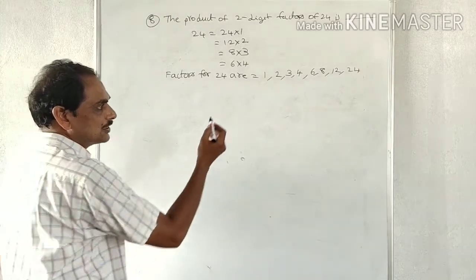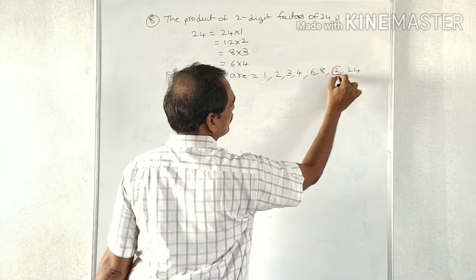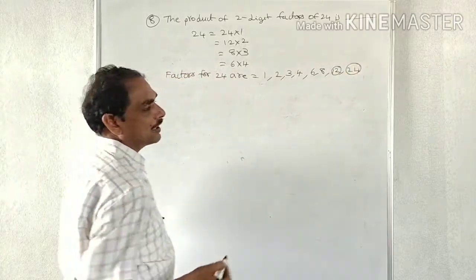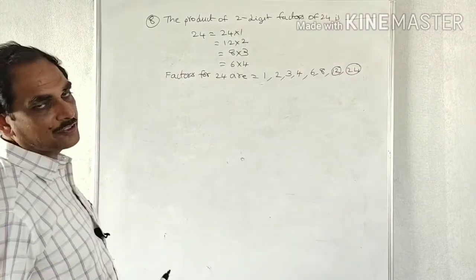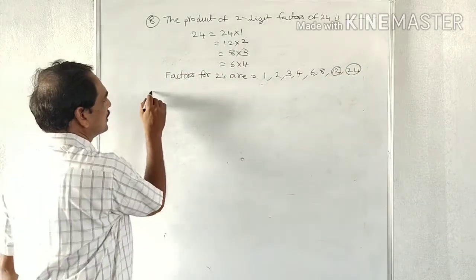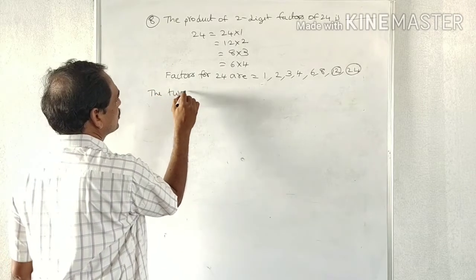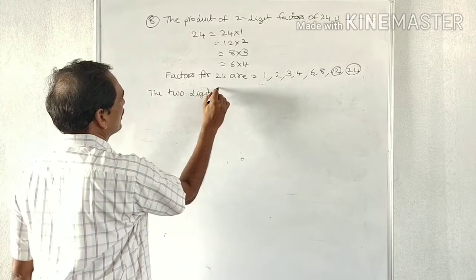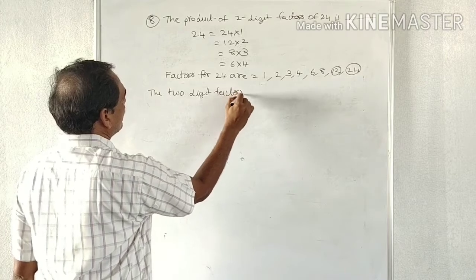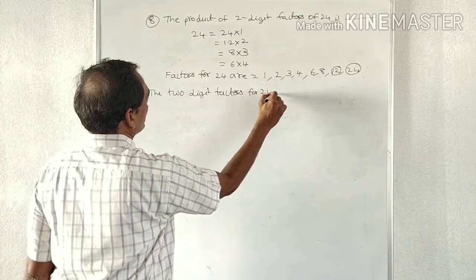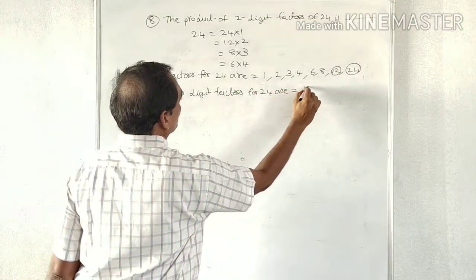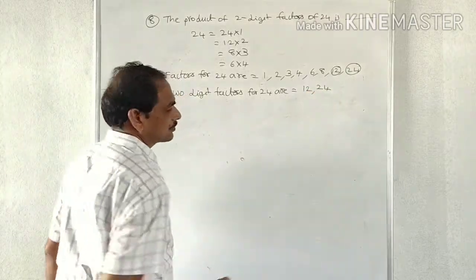So what are the two-digit factors in these factors? 12, 24 are the only two-digit factors. So the two-digit factors for 24 are equal to 12, 24.